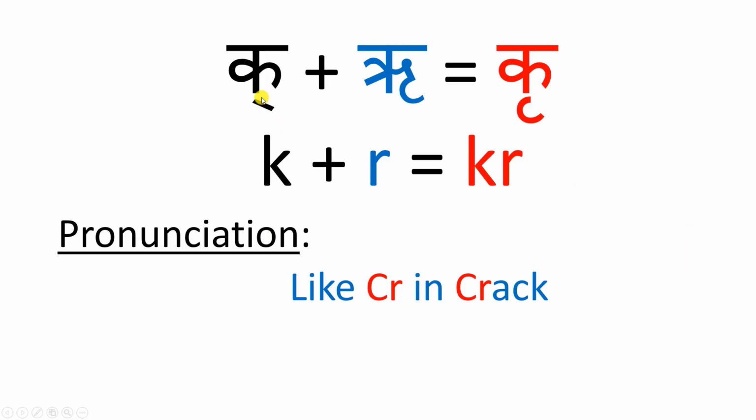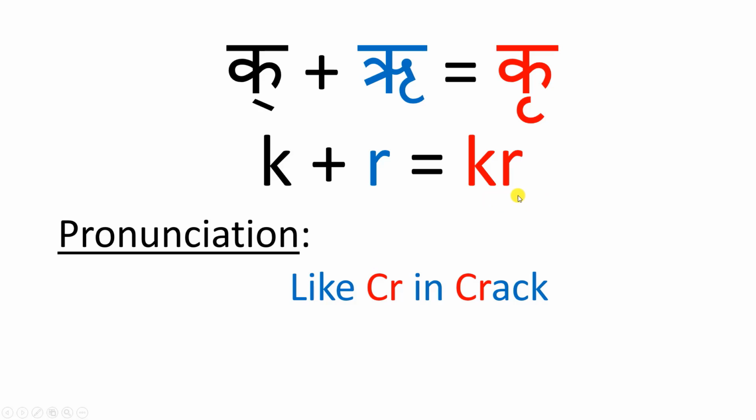So k plus r equals kr. This is k, the half consonant. This is r. And when this gets added to this, it becomes kr.